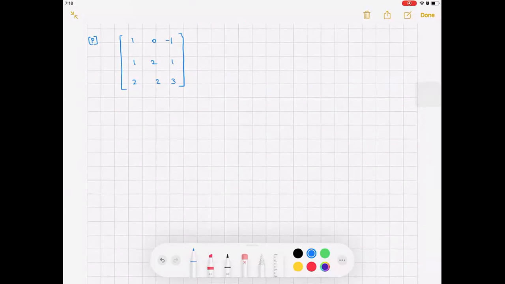Okay, now A minus lambda I. Lambda I has only diagonal elements, so I write 1 minus lambda, 0, minus 1, 1, 2 minus lambda, 1, 2, 2, 3 minus lambda.